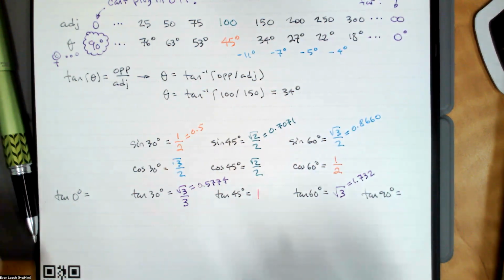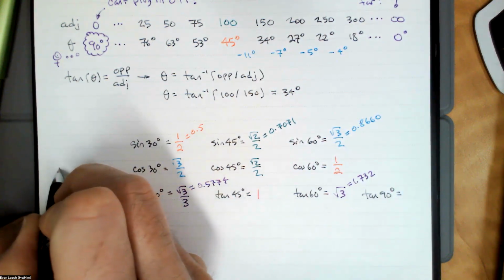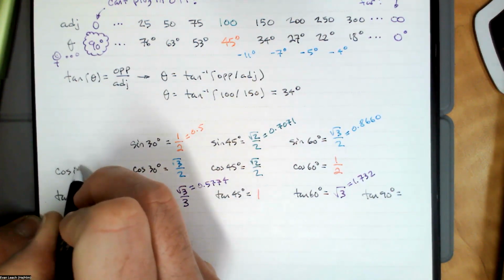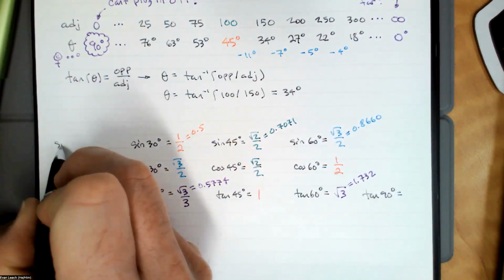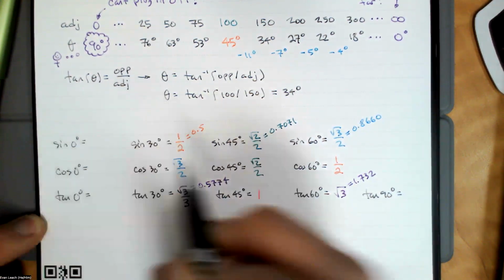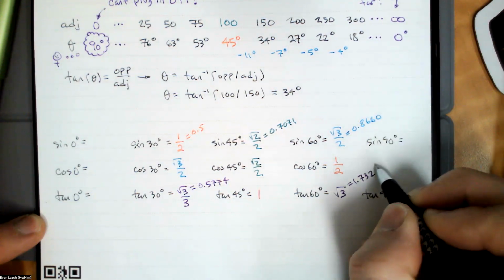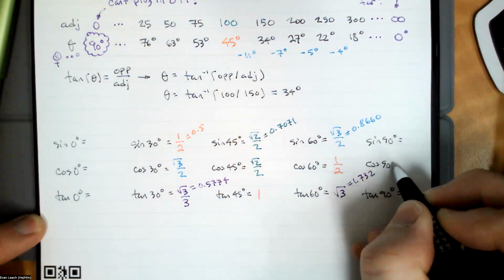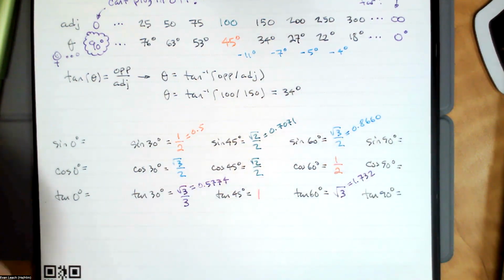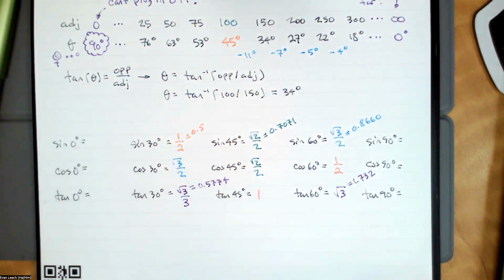So we just want to fill out some more values. We want to know what's going on at 0 degrees and 90 degrees. The reason that we want to do this is that we want to eventually take sine, cosine, and tangent out of right triangles and move them onto any angle.